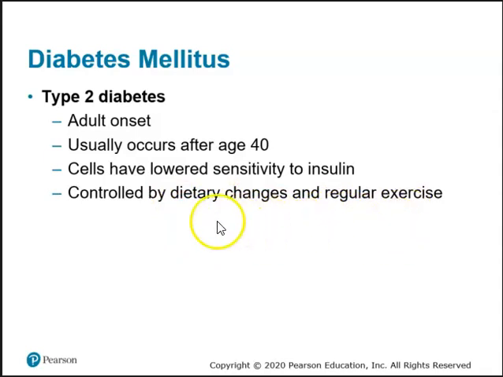However, if it is not controlled by lifestyle change through diet and exercise, eventually type 2 diabetics can end up going on insulin to control their blood sugar. So, guys, make sure you're eating right. Make sure you have a good, balanced diet, as well as getting enough regular exercise.